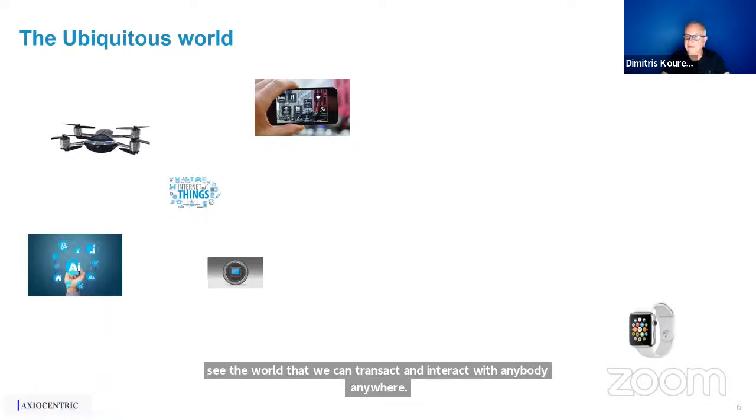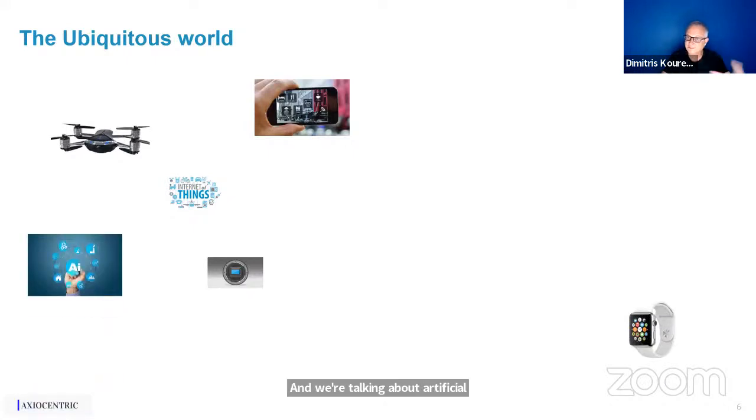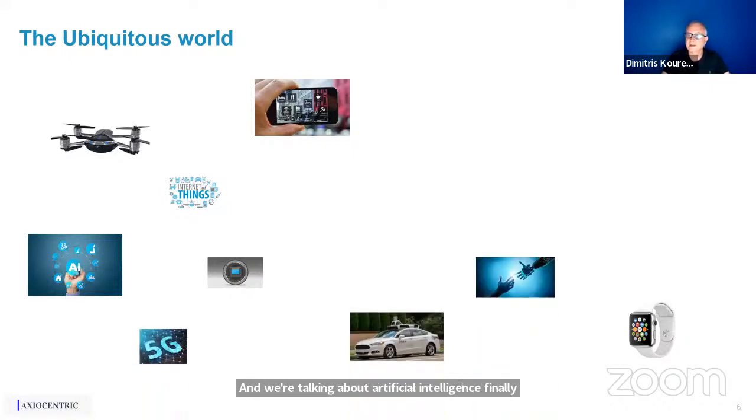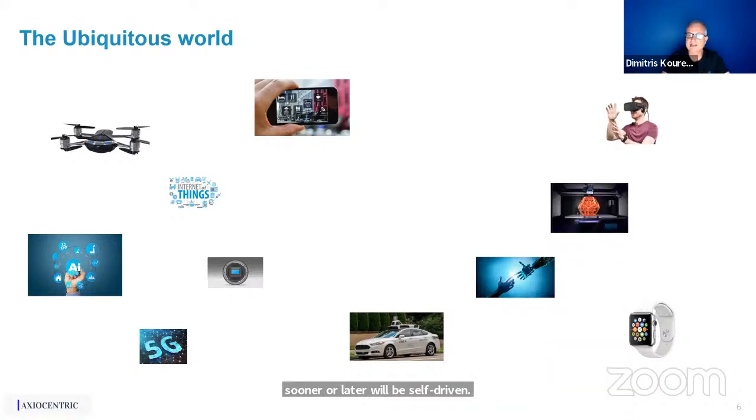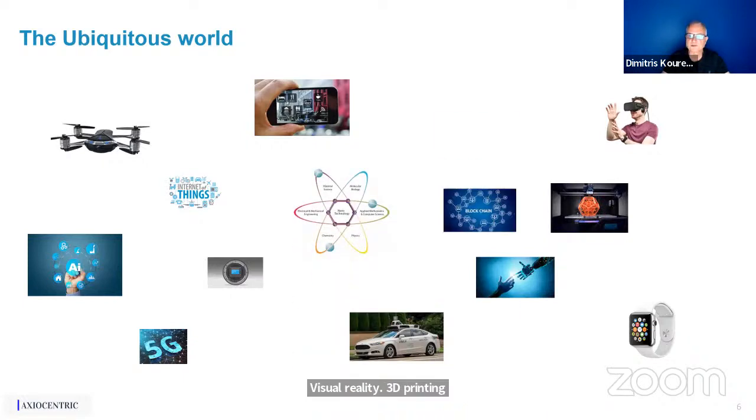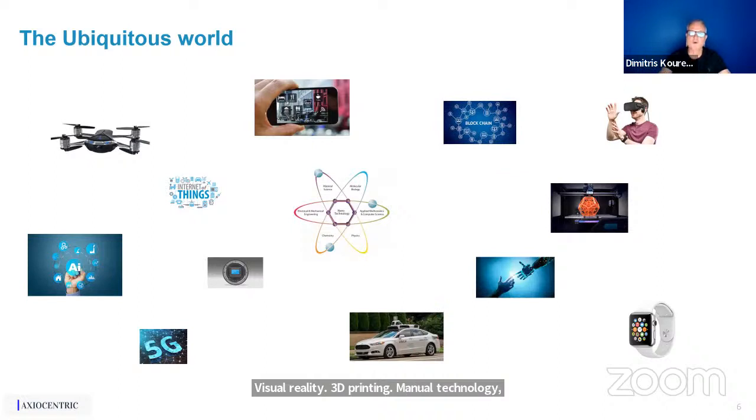And we're talking about artificial intelligence finally more and more, in the last few months. Robotics, cars that sooner or later will be self-driven, 5G, virtual reality, 3D printing, nanotechnology, blockchain, all those things get together and make our world either easier or more complex, or probably both together.